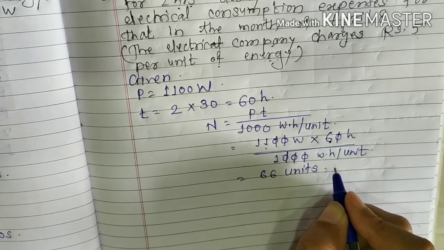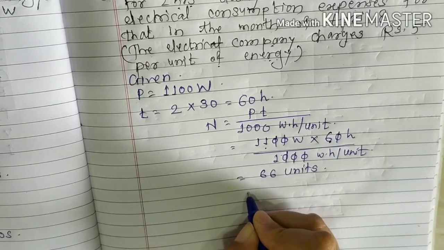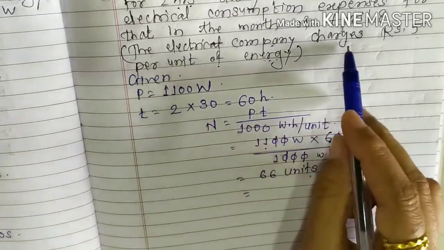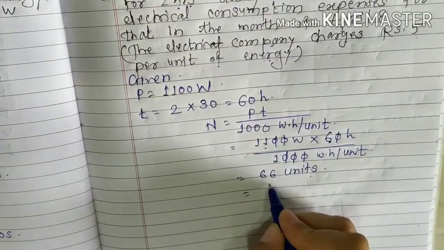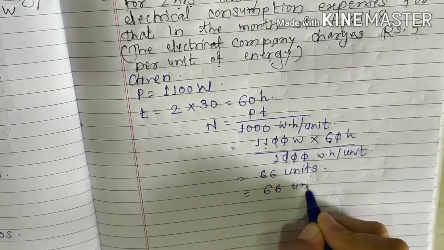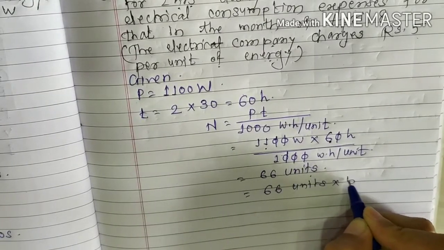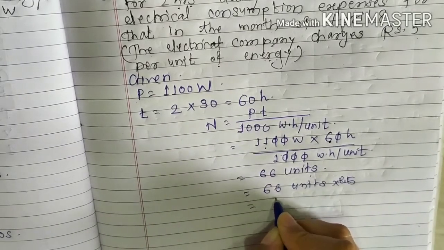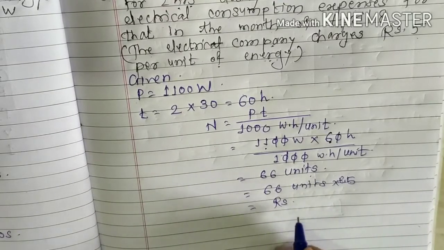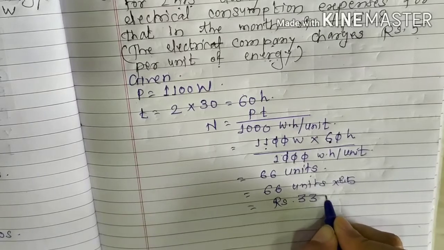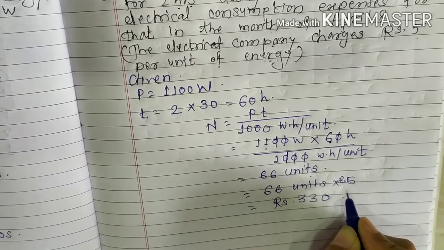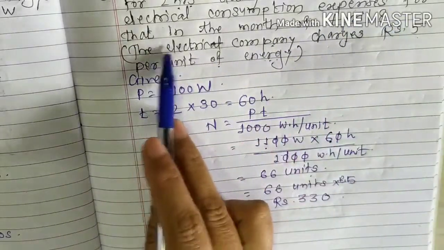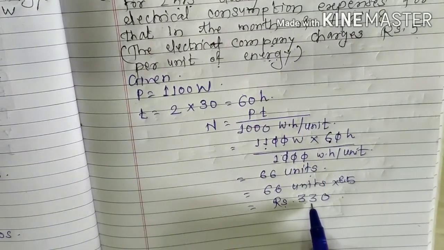But the electrical consumption expense is equal to, this is units, and unit having charges ₹5 per unit. Hence 66 units into 5 rupees is equal to ₹330. Hence, that is the electrical consumption expense for that in the month of April: ₹330.